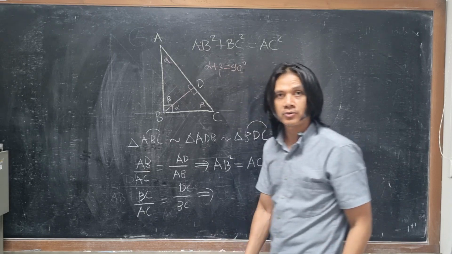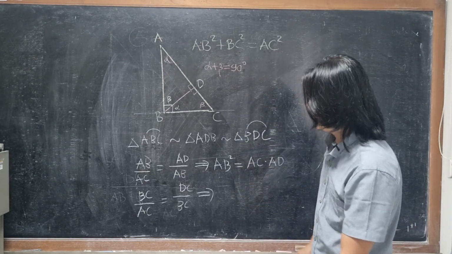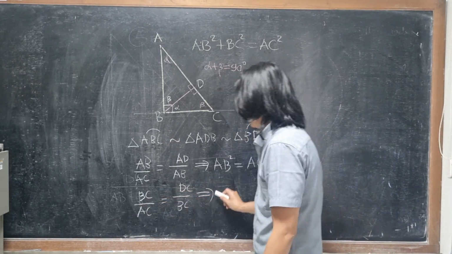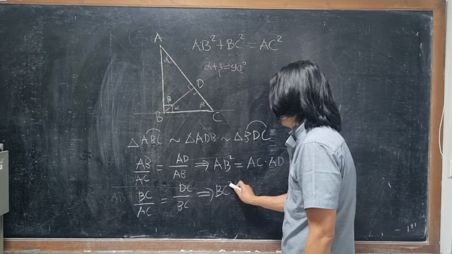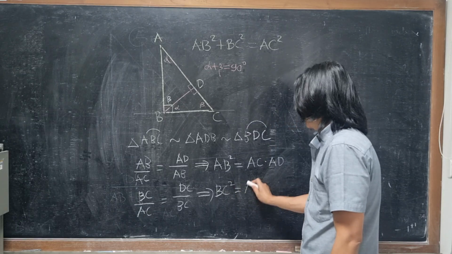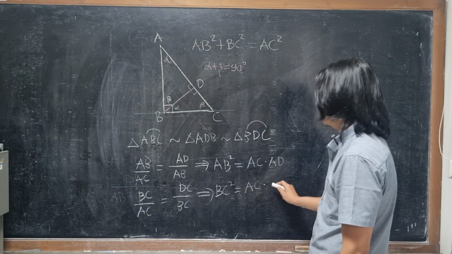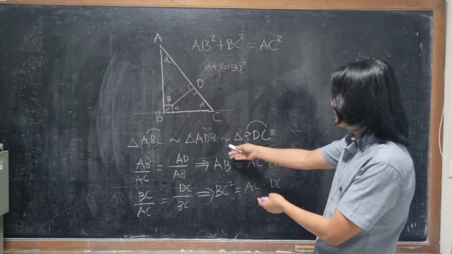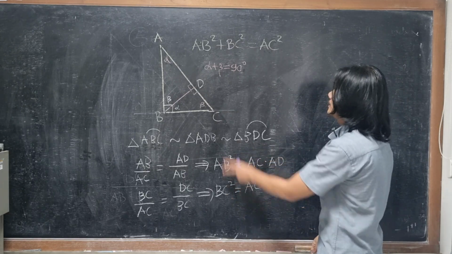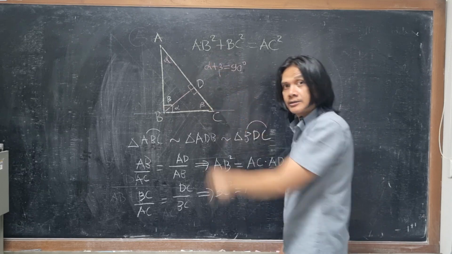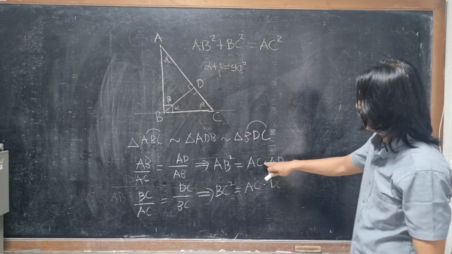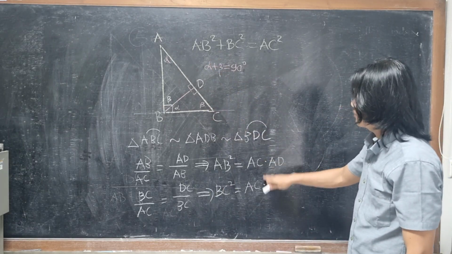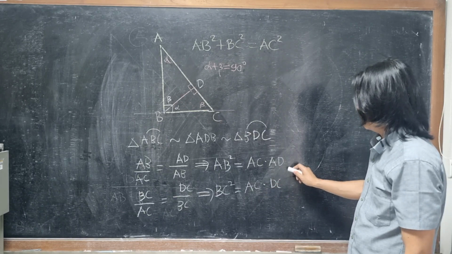And similar to what we had before, if we cross multiply, we have BC squared equal to AC times DC. Now if we add the left hand sides, we exactly get that guy. But what happens if we add the two right hand sides?